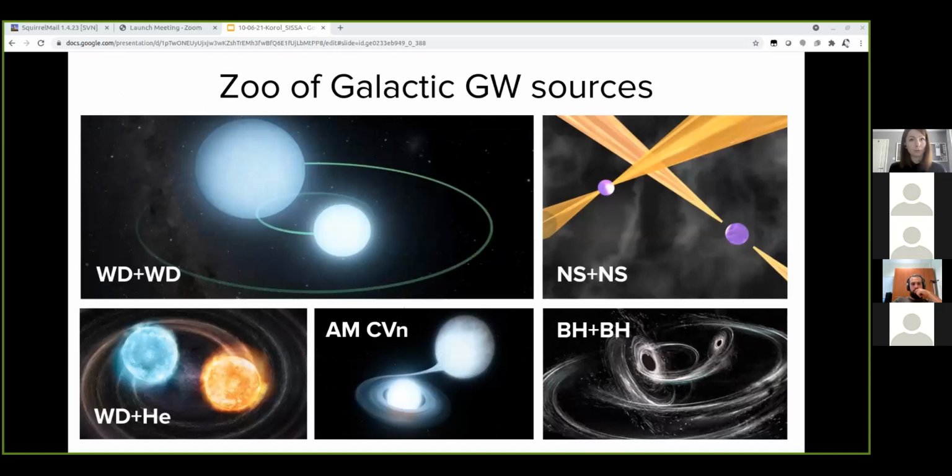So let me show you briefly what these binaries are composed of. The absolute majority of those purple points on the LISA plot will be composed of white dwarf stars.